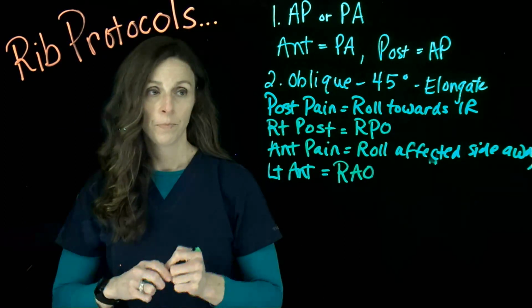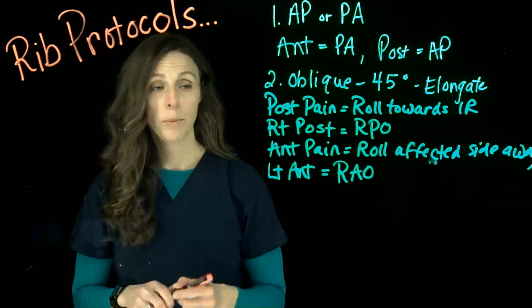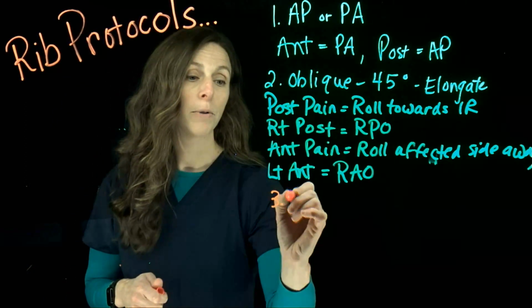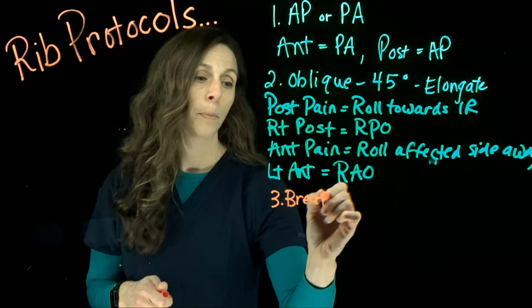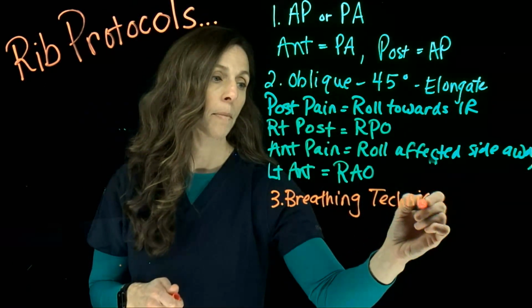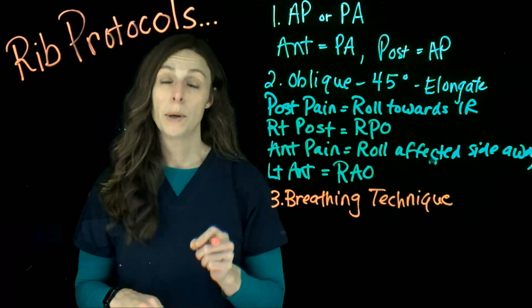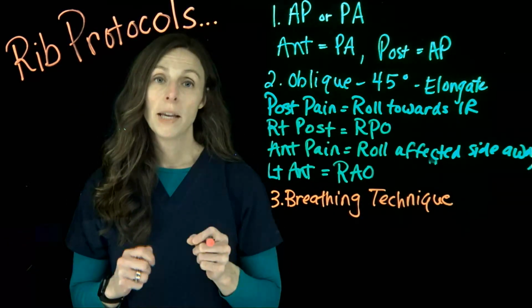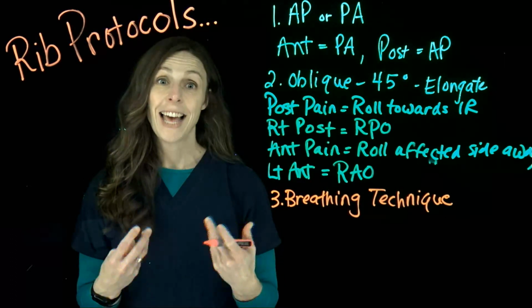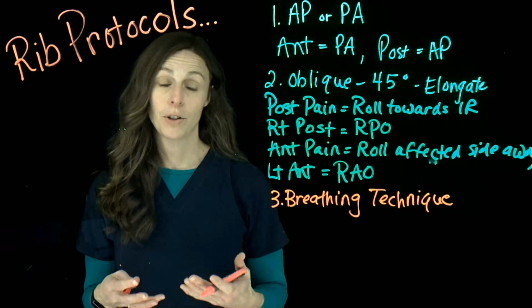Okay. All right. The third thing to consider when positioning for the ribs is the breathing technique. If your patient has lower rib pain, you want to make the exposure on expiration because you want to raise the diaphragm out of the area of interest.